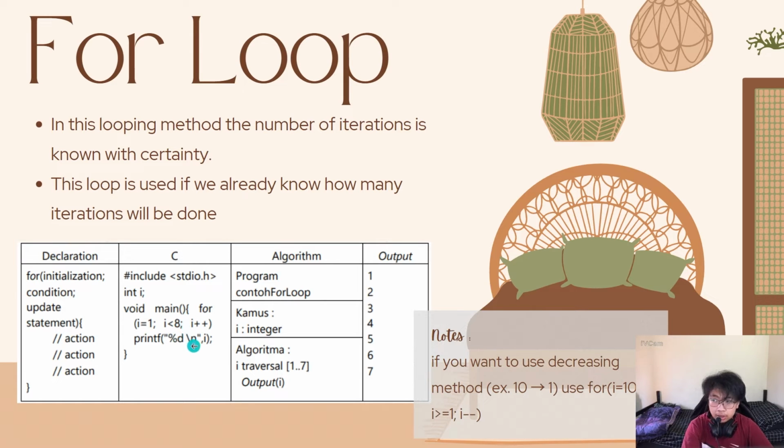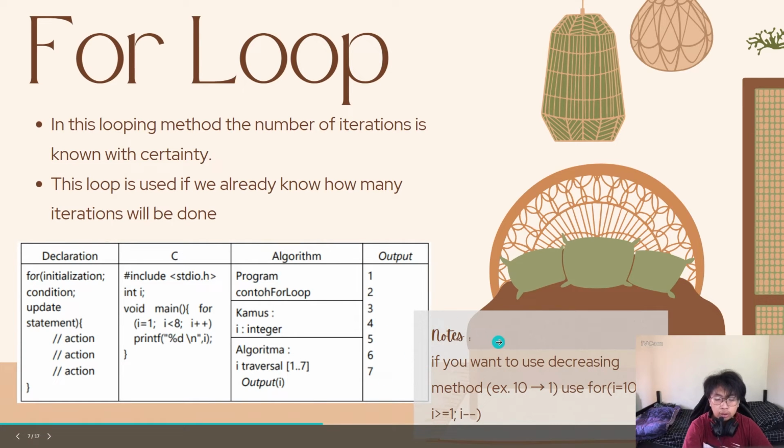Every time this program loops, it will display the value of I. The output of this program is to display the numbers from 1 to 7.